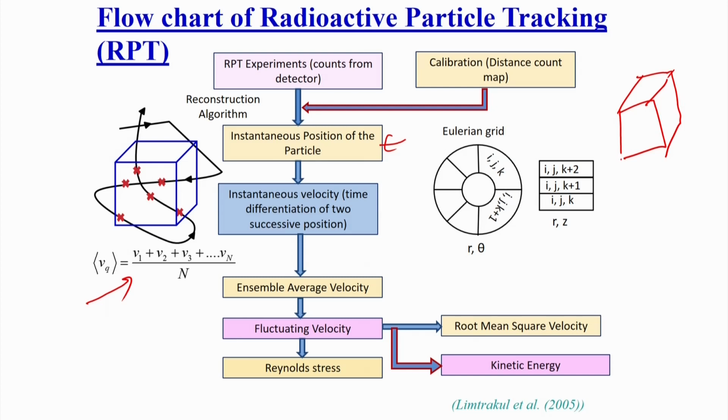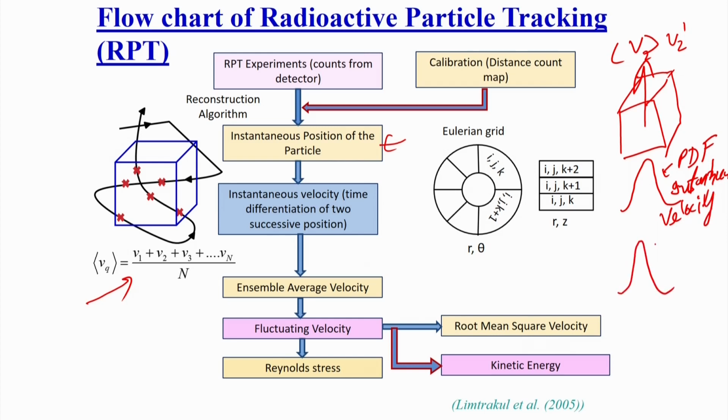You are going to have not only a single mean velocity for each cell, not only the Vz mean, you are also going to have Vz fluctuation, and you are also going to have the PDF of instantaneous velocity and the PDF of fluctuation velocity. And these two are the major advantage of this technique.